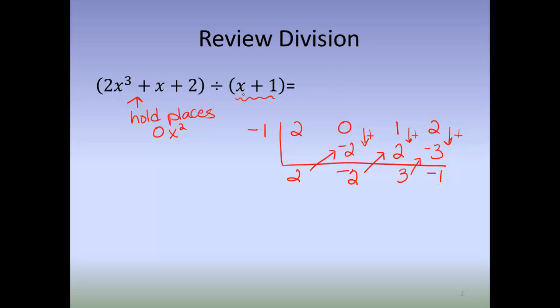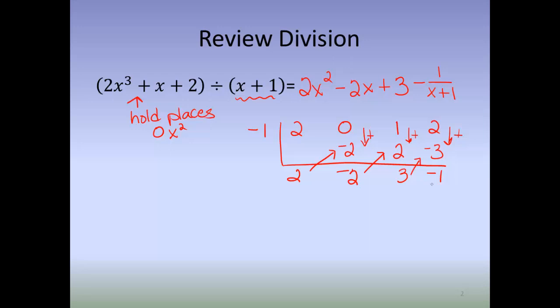So since this was an x to the third being divided by x, this 2 is my 2x squared minus 2x plus 3, and on the end we have a remainder of negative 1, that's written as negative 1 over x plus 1. So that's the answer to our division.